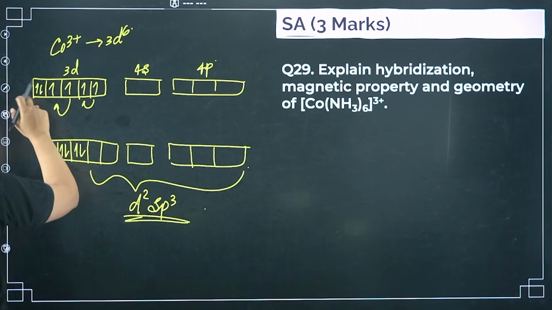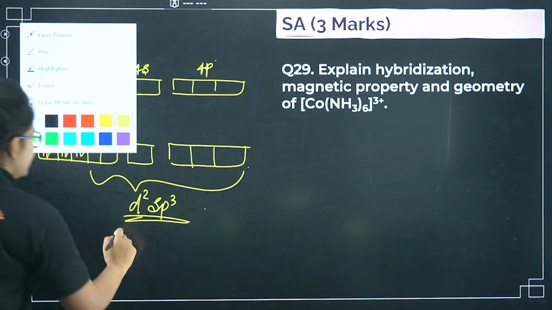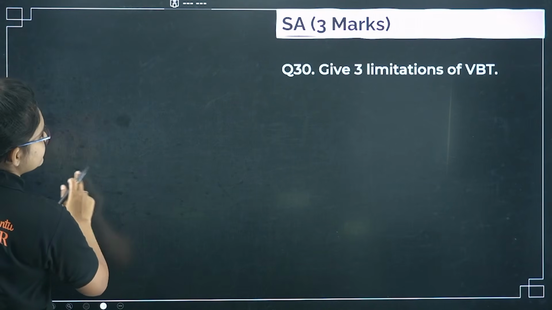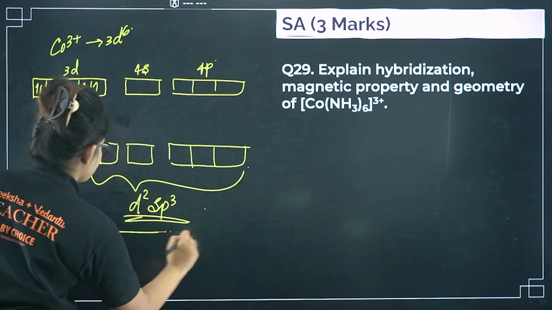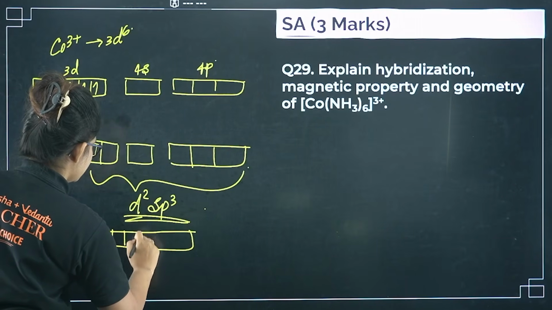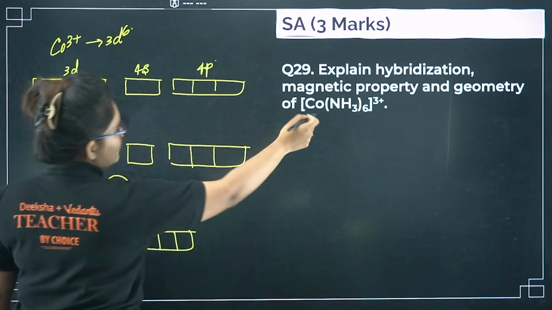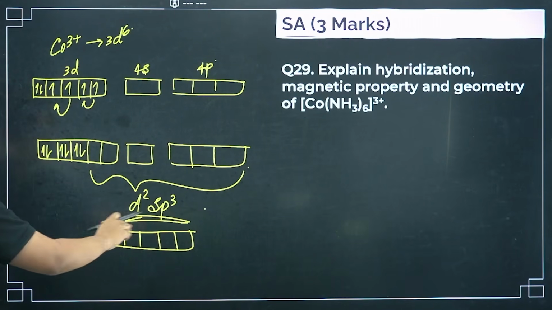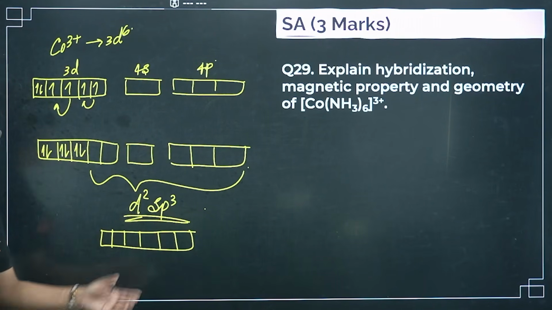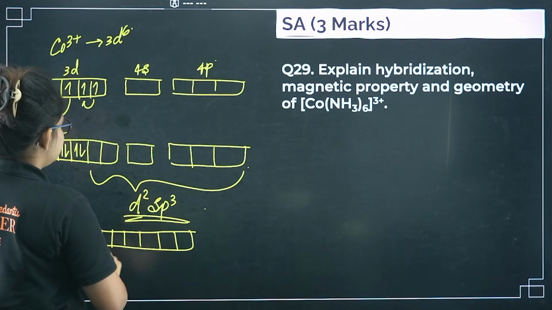And now in this hybrid orbital, once it is made, it will be looking something like this. Okay, so all the ammonia will donate their lone pair here. So overall the hybridization is coming as d2sp3.